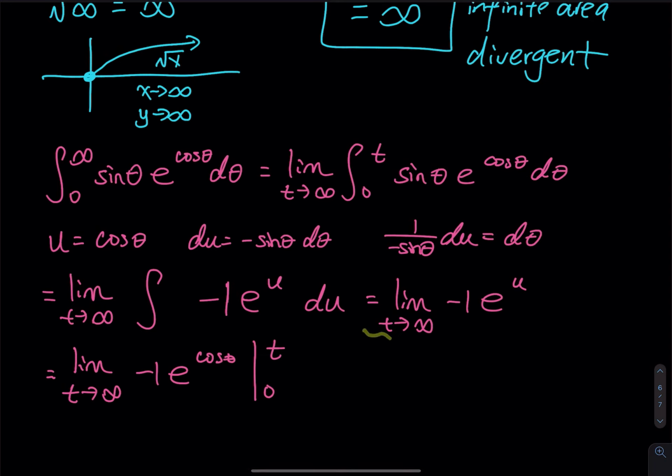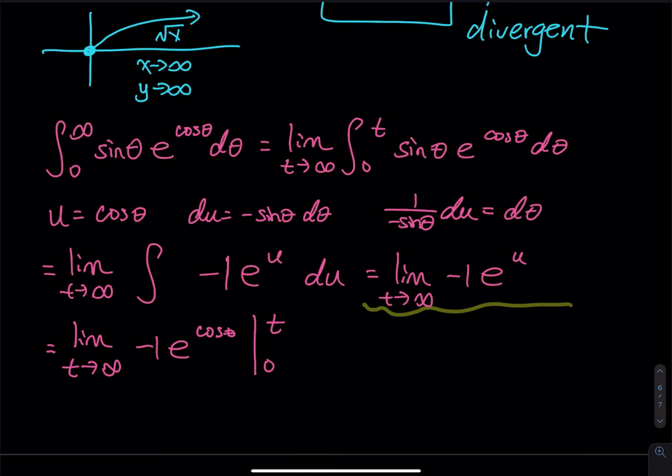So this step, I don't really like it, but I wrote it, so let's leave it in there. I am sure that you can just erase the u, put the cosine back, and then put the 0 and t. And then we use the FTC, fundamental theorem of calculus. So t approaches infinity, negative 1 e to the cosine t, and then minus negative 1 e to the cosine 0.